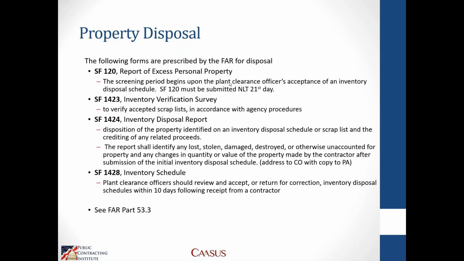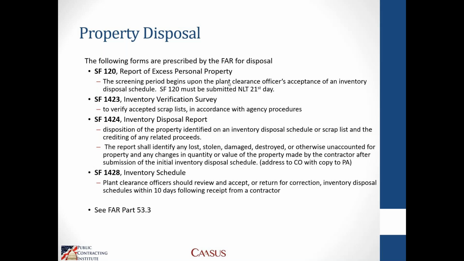There's also inventory verification surveys and other inventory schedules. These forms are all located in FAR Part 53 with all the other forms that exist for the government. A lot of these forms have been overcome by system updates.